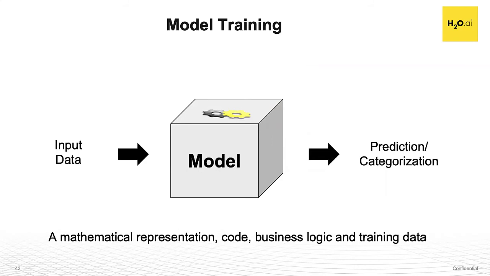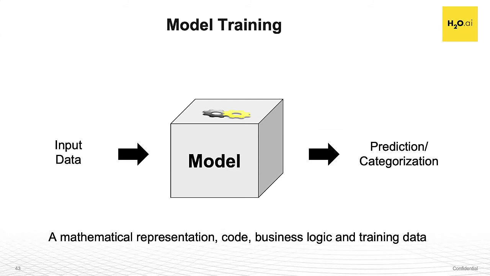You could say it's a code, a business logic. And the general idea is that we create models and then we feed data into these models to generate some outputs. So these outputs might be, for instance, predictions for future trends or some patterns in the data.